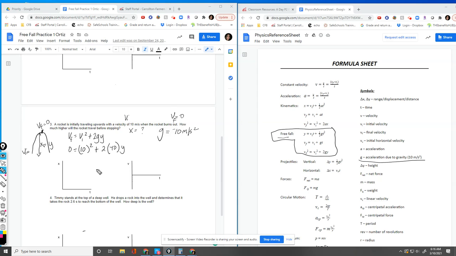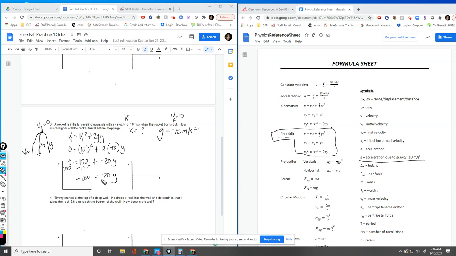This seems that it's going to be actually a really easy problem, even though it looked not so easy, okay? So 0 equals 10 squared is 100, plus 2 times negative 10, negative 20, Y, right? So now we subtract 100 so that we can have this by itself. We have to do it on both sides, right? So we get negative 100 equals negative 20y, right?